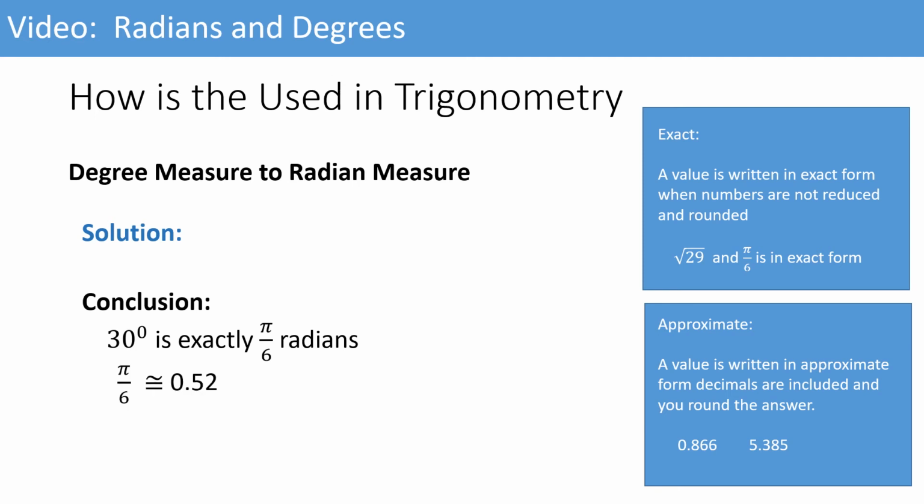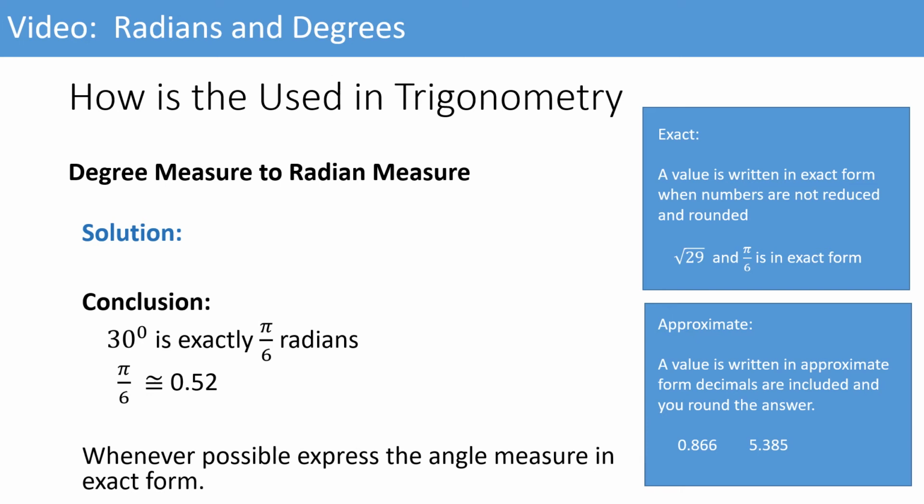Pi over 6 is approximately equal to 0.52. Wherever possible, please express the angle measure in its exact form.